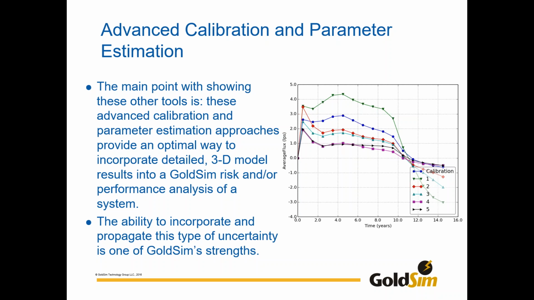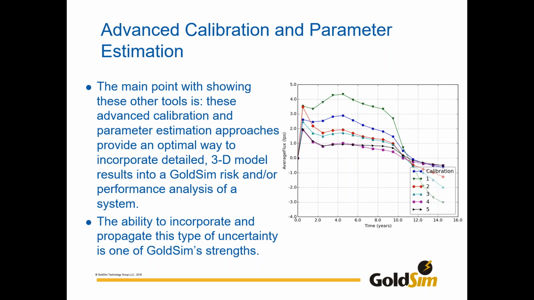With this advanced approach, I think the big advantage of this calibration with multiple calibration realizations below a threshold, especially in relation to GoldSim, is that this is a really good way to incorporate 3D model results into GoldSim to do your risk analysis or performance analysis of a system. What you get out of this approach is essentially probability distributions.